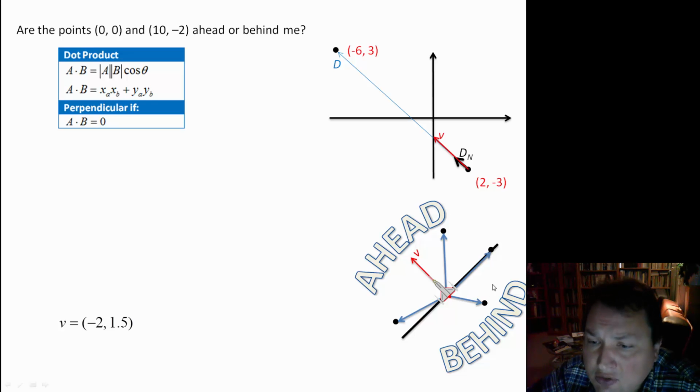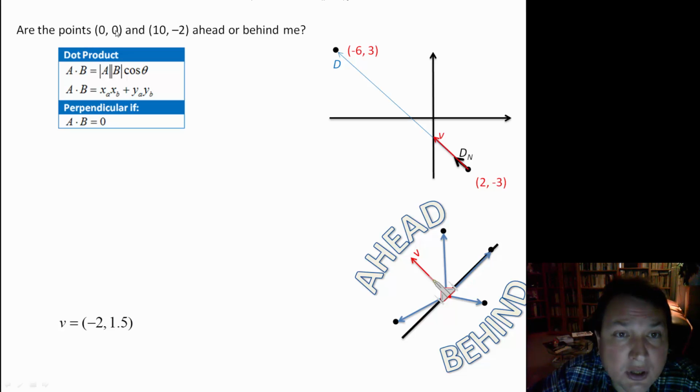If it is a negative number, the point is behind me. Of course, if the dot product is exactly 0, it's neither ahead nor behind, but strictly on my left-hand side or my right-hand side, in the position which is perpendicular to my current velocity.